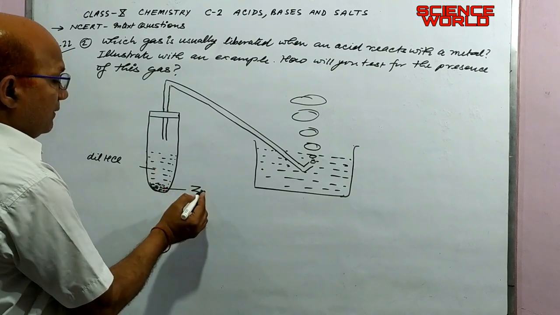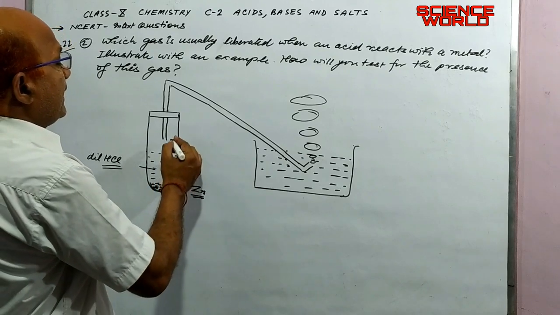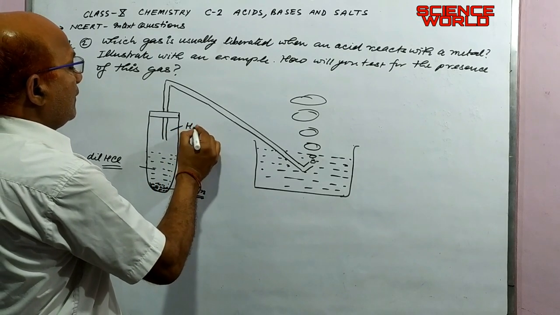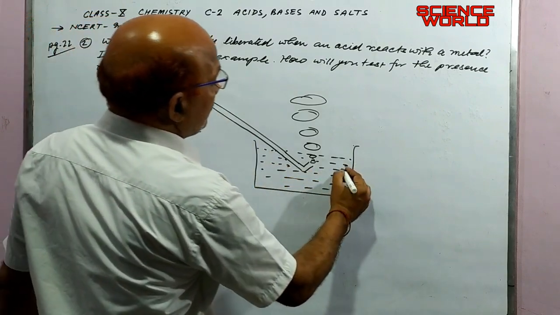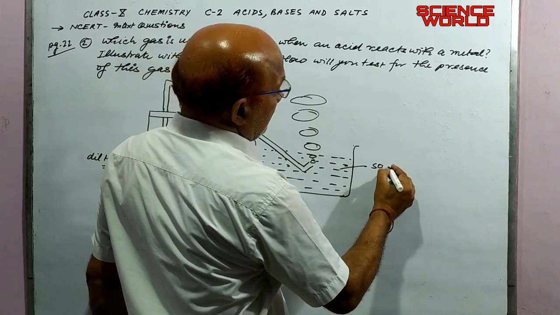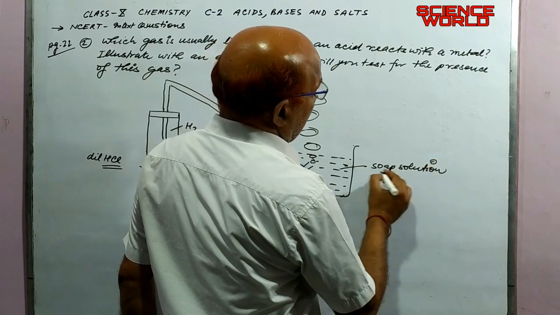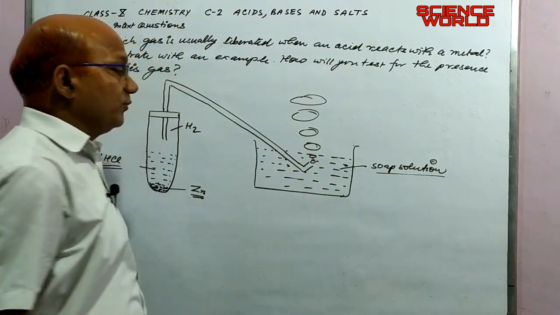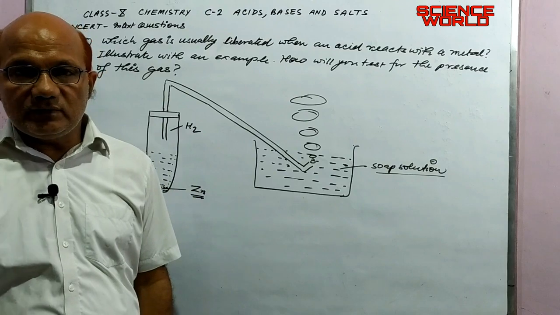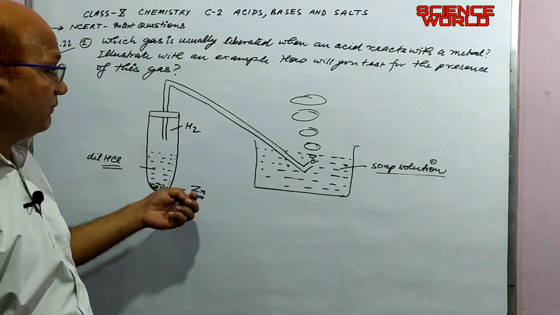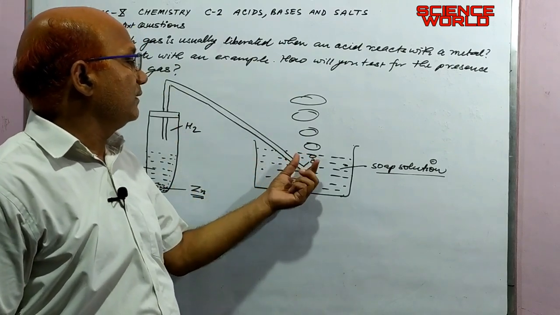Actually, when acid reacts with zinc metal, hydrogen gas is released, and this gas is passed through this soap solution, because, as you know, hydrogen gas is highly explosive. So, care must be taken for testing this gas. So, this gas is passed through soap solution.